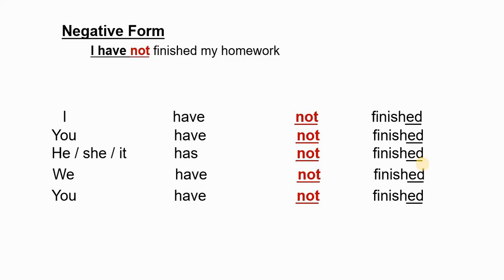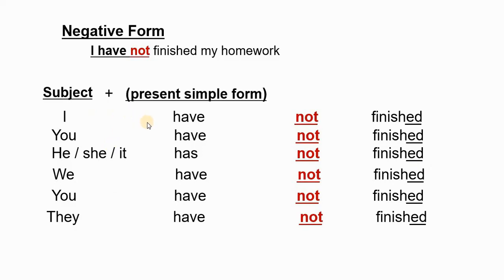You have not finished. And they have not finished. So we have the subject, the verb have in the correct form of the present simple, the word not, and then the past participle form of the verb.